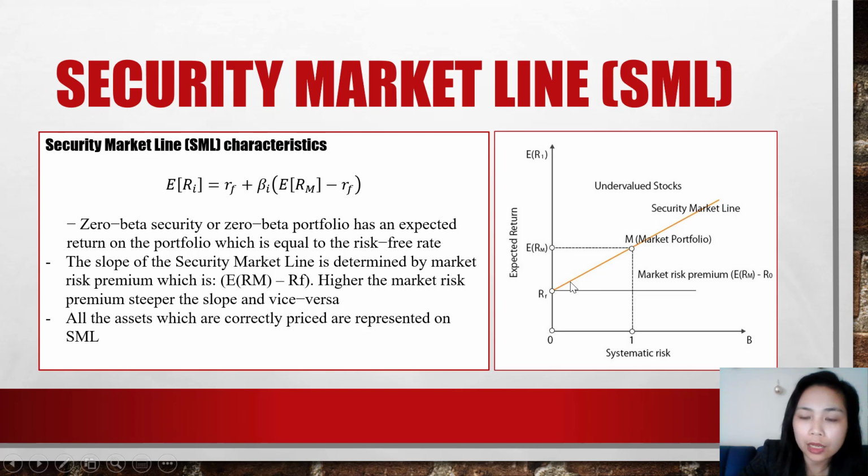So any portfolio, any assets that ride on this line is said to be correctly priced. And if we got any assets that are above it, we got undervalued stocks or undervalued assets. And otherwise, if the asset is below the line, we got overvalued stocks or overvalued assets.